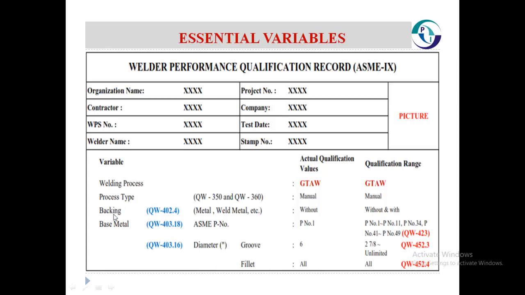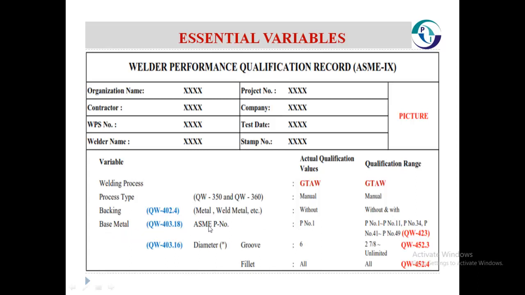The deletion of the backing is an essential variable as per QW 402.4. In our case, the test coupon is welded without the backing, so the welder will qualify for without and with backing.